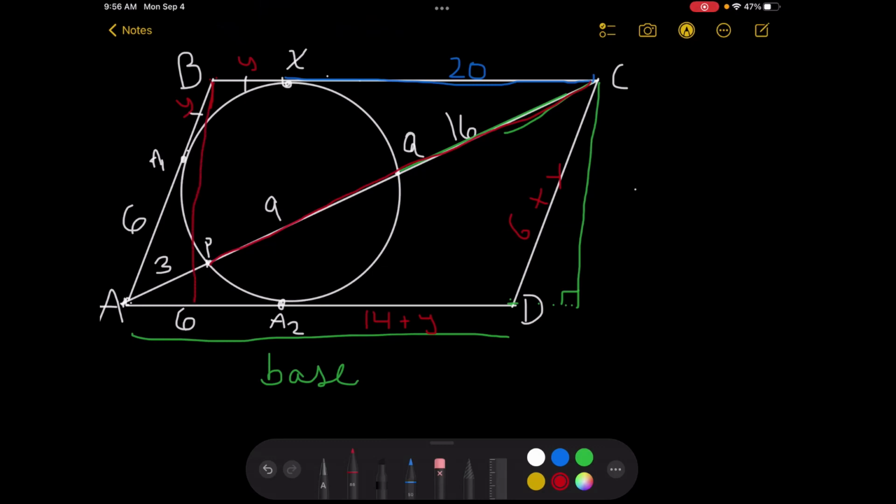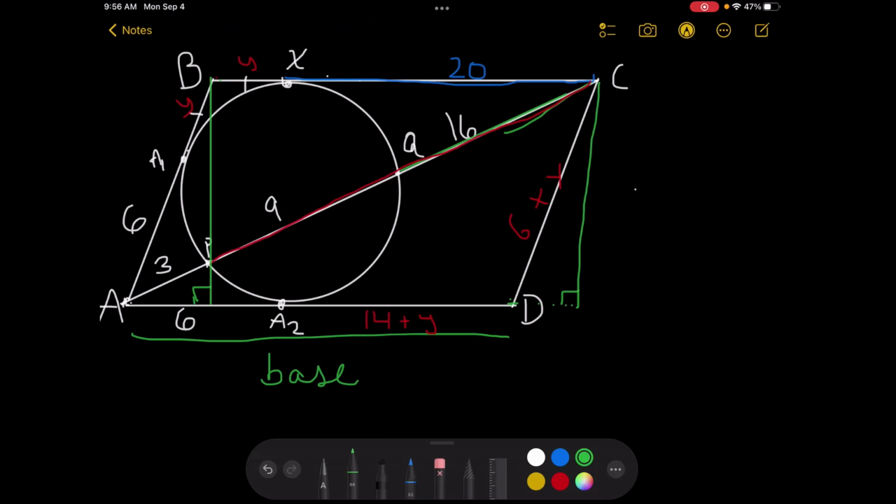We can draw the height here. Actually, let me do that in green. We can draw the height here, like this. Came out wrong. Let me draw that again. So we can draw the height like this, approximately.